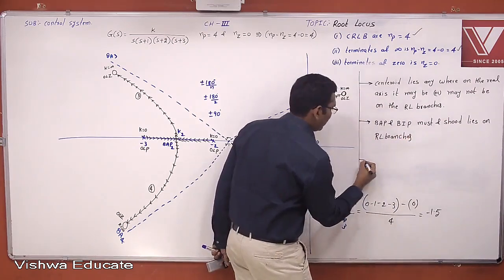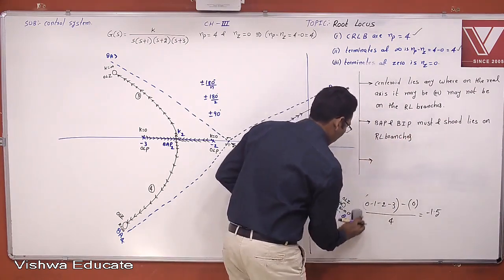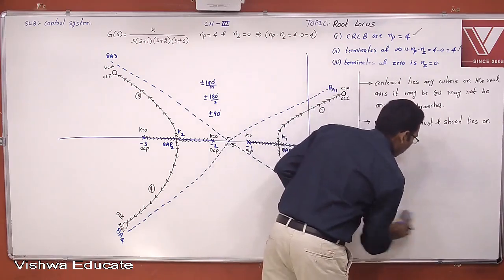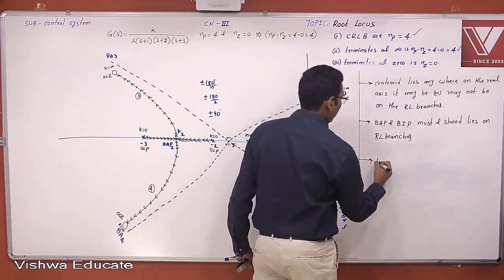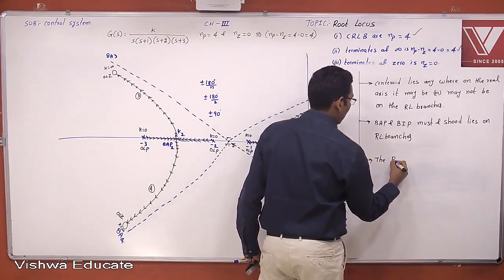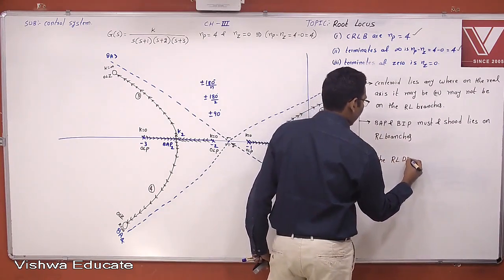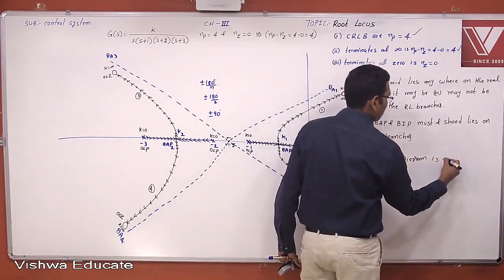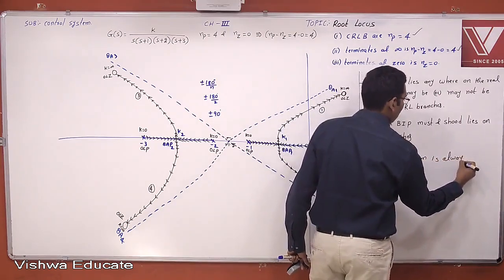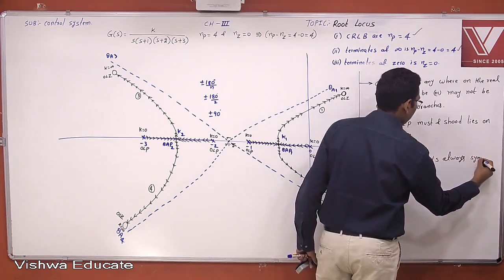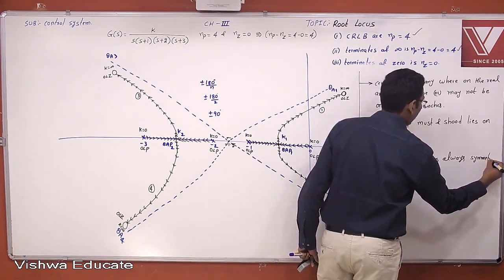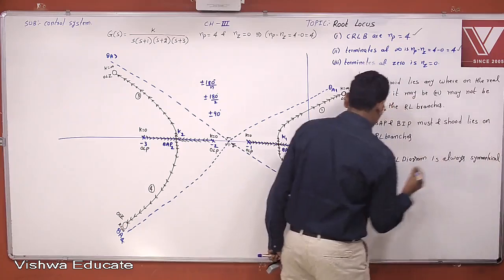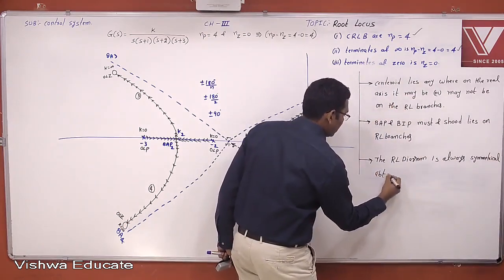And another important point: the root locus diagram is always symmetrical about the real axis.